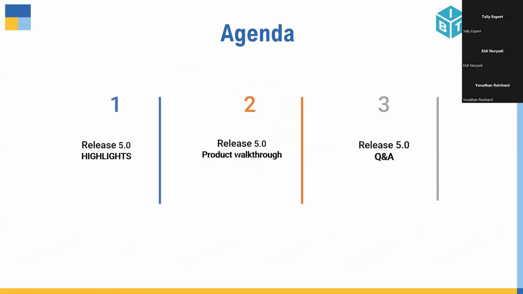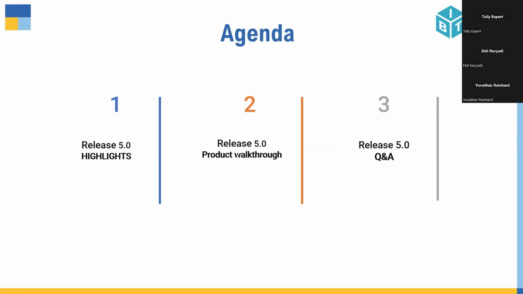So today's agenda, we will cover the major highlights of TallyPrime 5.0, some key points, use cases that often happen in the business, and benefits of using these features for the business. And we will also have a hands-on experience in a product walkthrough session on where to enable the feature, how it looks like, and a comparison of using the feature and not using the feature.